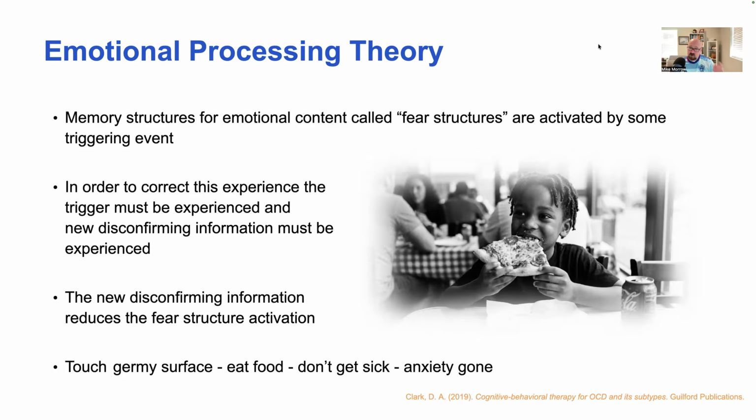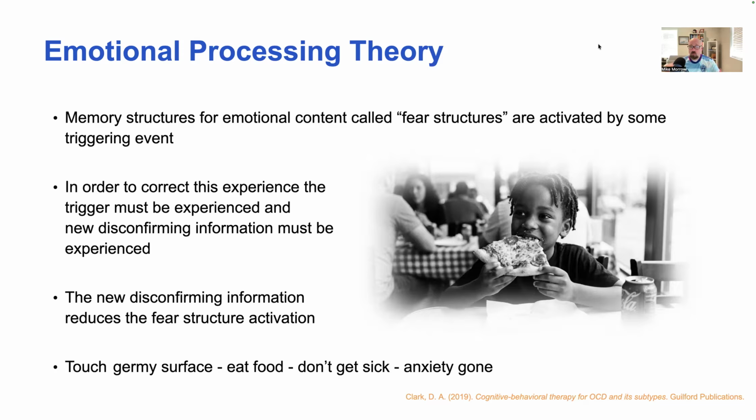And then in order to correct this experience, the trigger must be experienced, and then new disconfirming information must be experienced. So, saying that more precisely, if I feel like I'm going to get germs on somebody, or I'm going to die of some germ infection, or some other aspect of contamination, it may be that I need to touch a bathroom counter, then eat a slice of pizza.